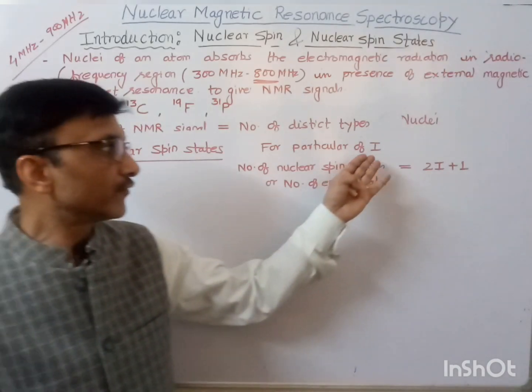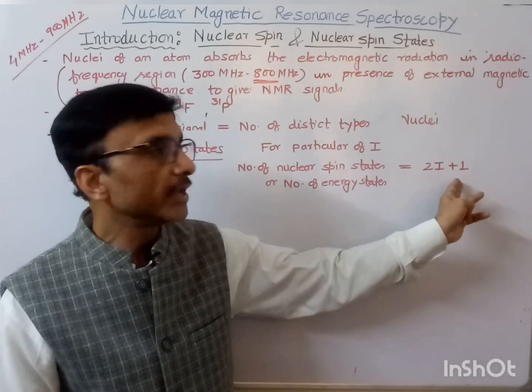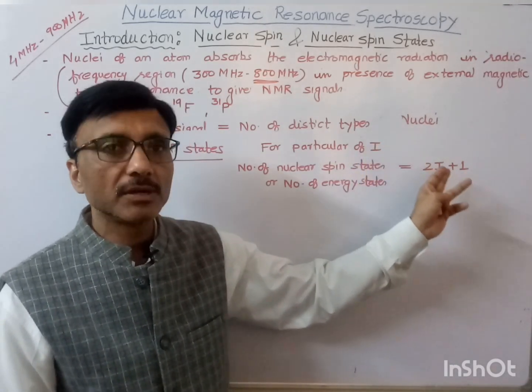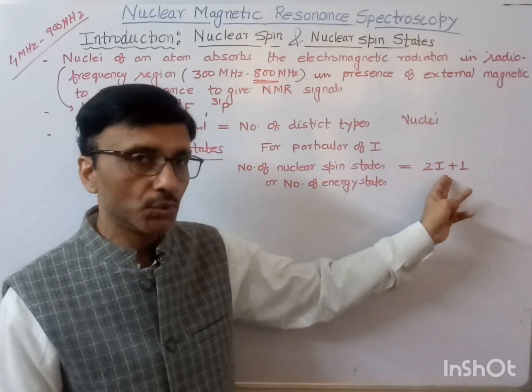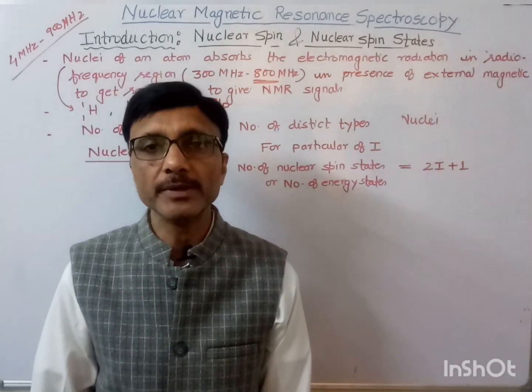Suppose if I is equal to 0, the number of energy states will be 1. If I is equal to half, the number of energy states would be 2. If I is equal to 1, the number of energy states would be 3.